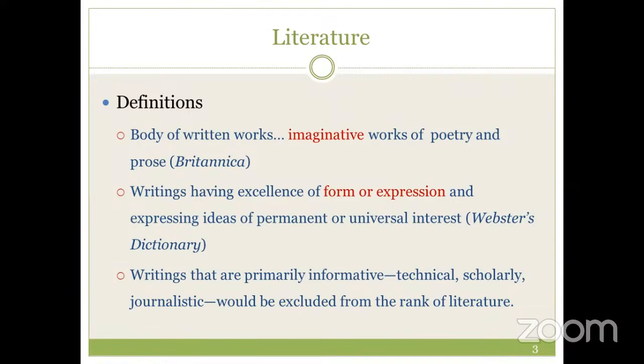One thing you can keep in mind is that anything that is printed could be considered literature, but there are some exclusions: technical, scholarly, and journalistic writing would be excluded from the rank of literature.